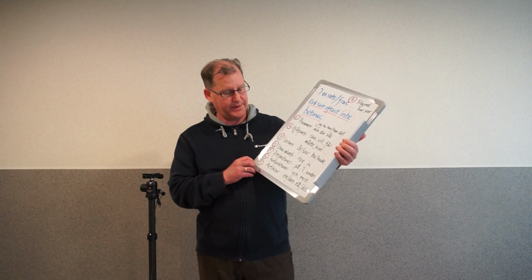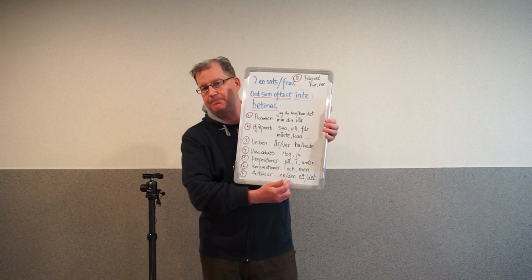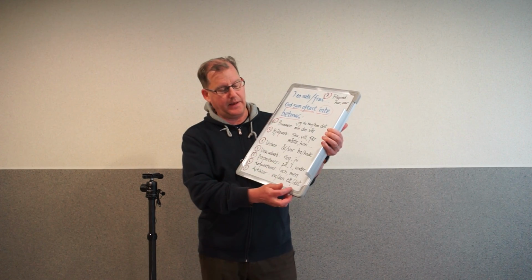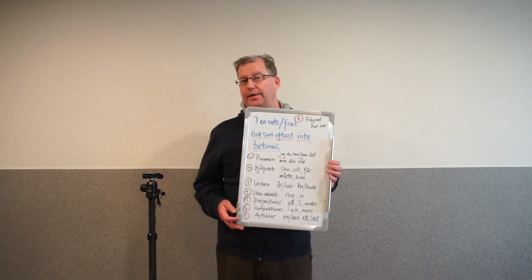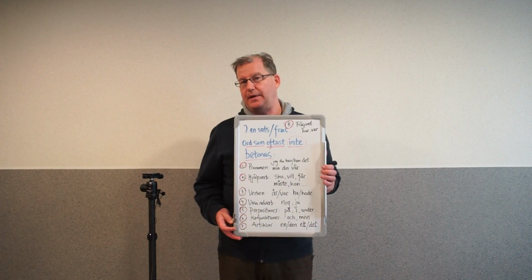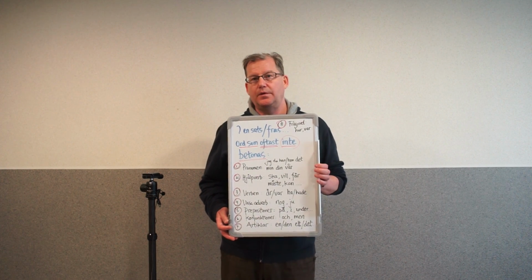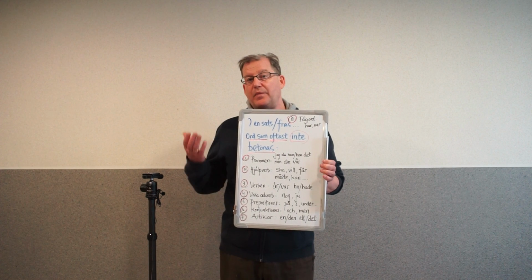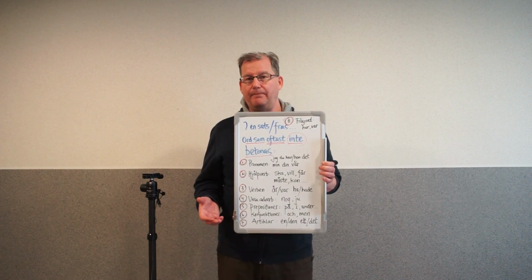Artiklar. Number 7. Artiklar. En, den. En eller den. Ett eller det. They are also not emphasized inside the sentence. Let me make a sentence. Kan du ge mig ett äpple?